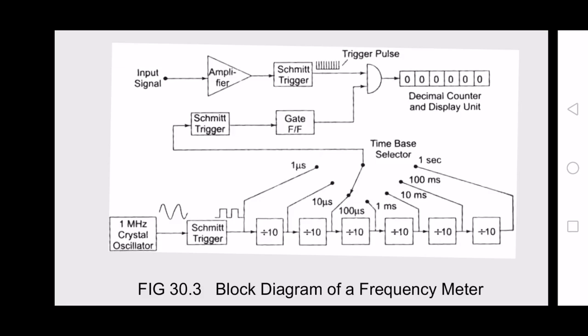So you will have the input signal. That input signal is amplified and converted to a square wave by the Schmitt trigger circuit, and that square wave is differentiated and clipped to produce the train of pulses, and each pulse is separated by the period of the input signal.